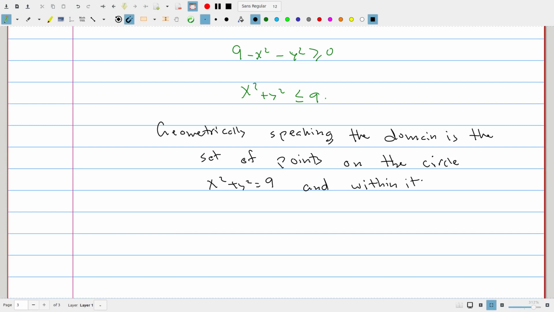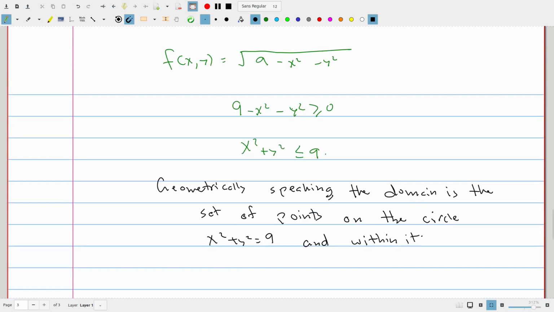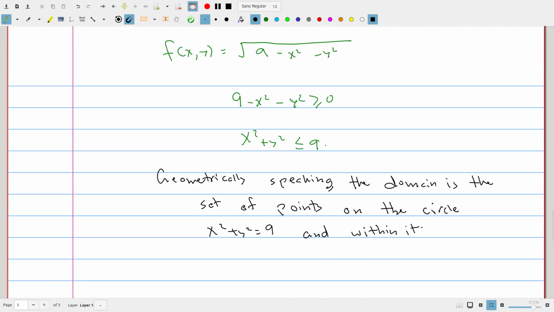Okay, what about the range of this function? This is the positive square root.